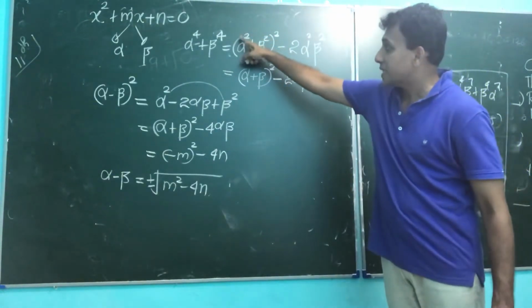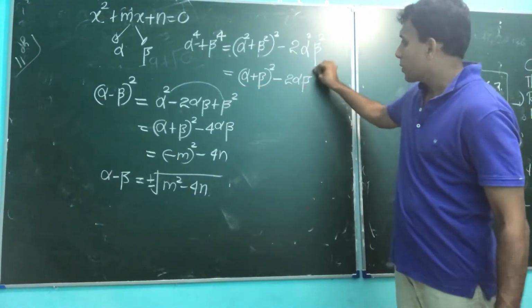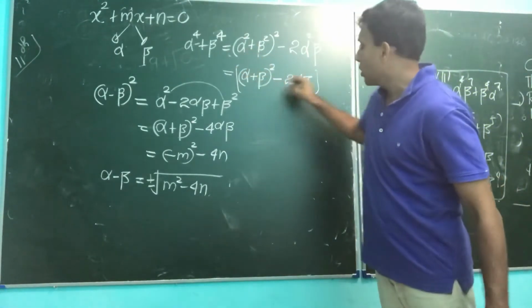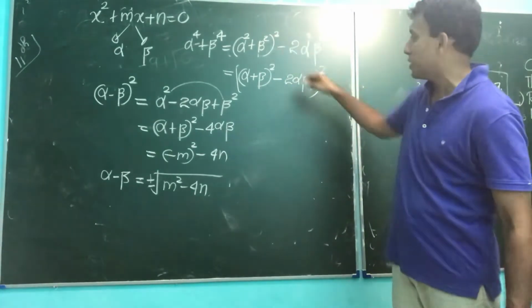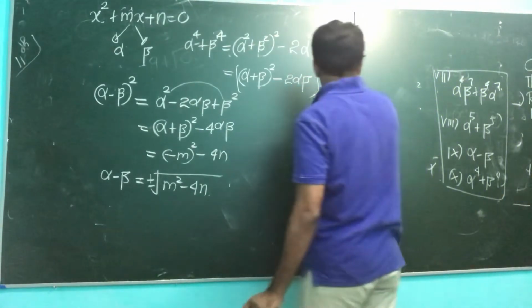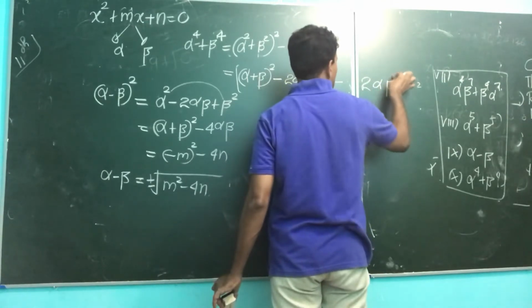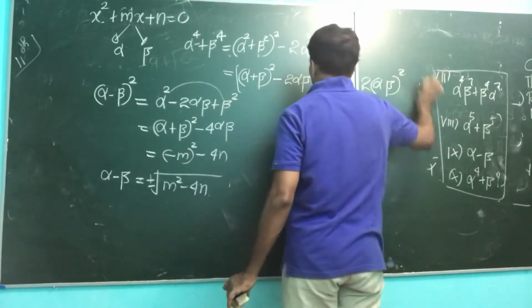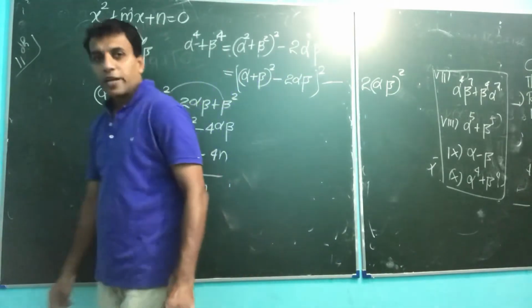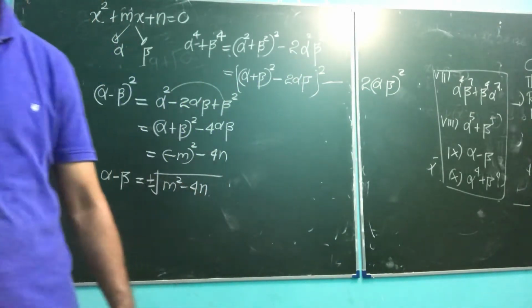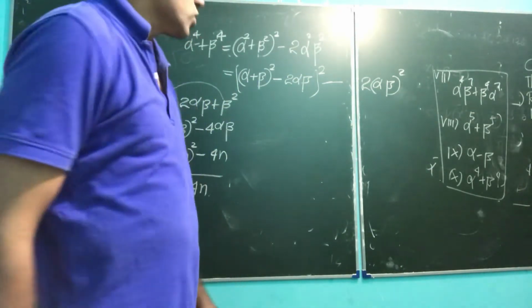Complete square is available, and minus 2 alpha beta is completely squared too, right? Okay, now you can substitute the known values.